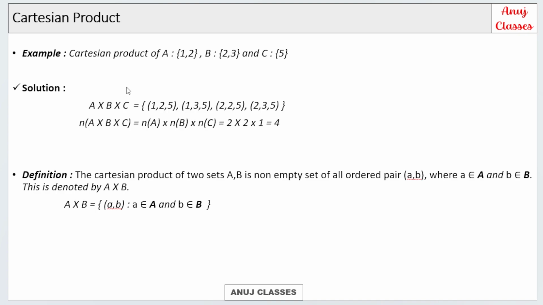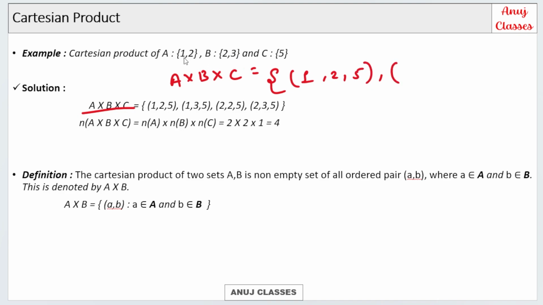Another example, what if we have more than 2 sets, and the set is given by A cross B cross C. So the solution will be the same. We will first begin with A, which is 1. Then the element of B, which is 2, and then the element of C, which is 5.